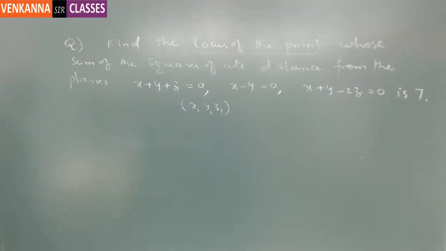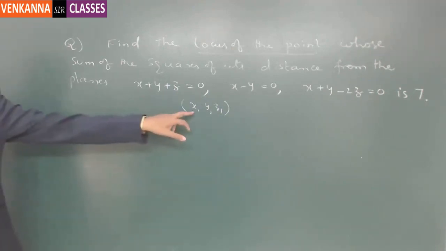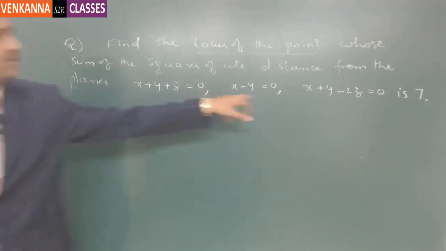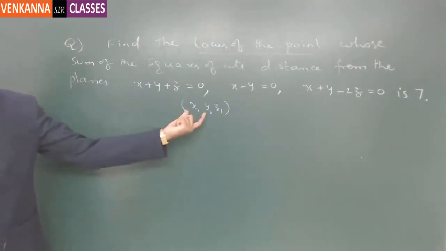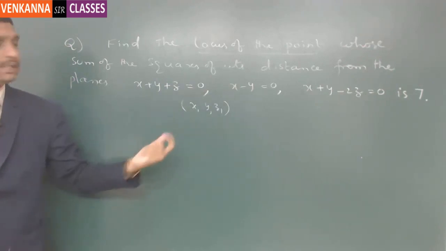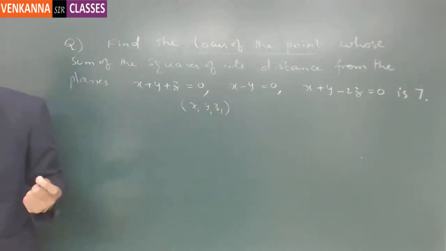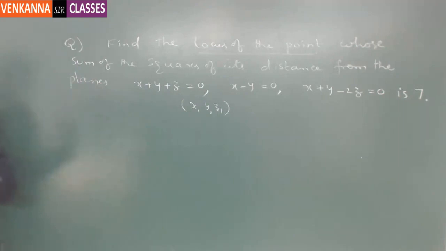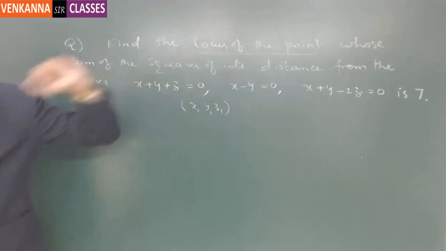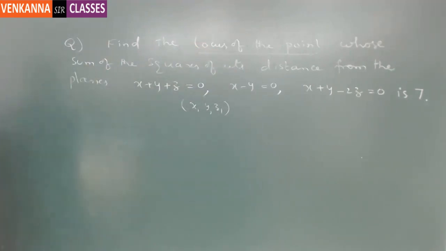It is given that if you calculate the distance from the point to the first plane, the second plane, and the third plane, you calculate the three distances. Then if you find the sum of the squares of the distances, it will be equal to 7. That was the question part. Fine. Are you getting the idea?